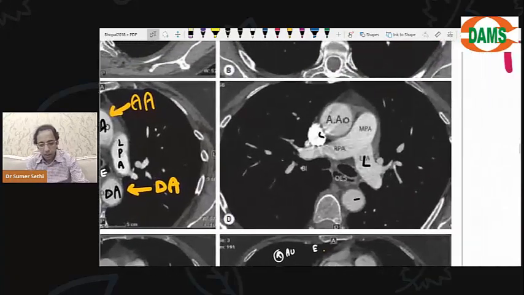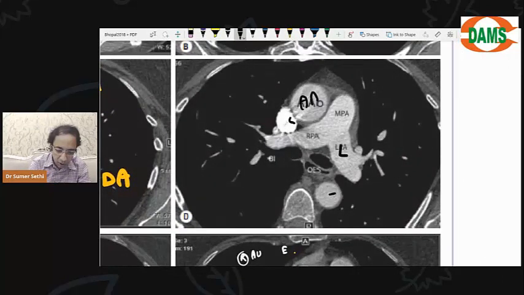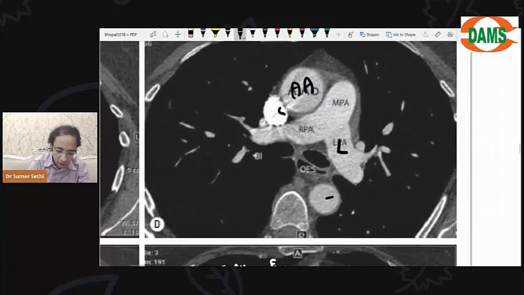Then if you recall, in the next section I taught you ascending aorta is anterior, descending aorta is the one which is sitting next to the vertebra, the main pulmonary artery is shaped like a reverse Y, with right and left branches, and the superior vena cava. Everybody clear?